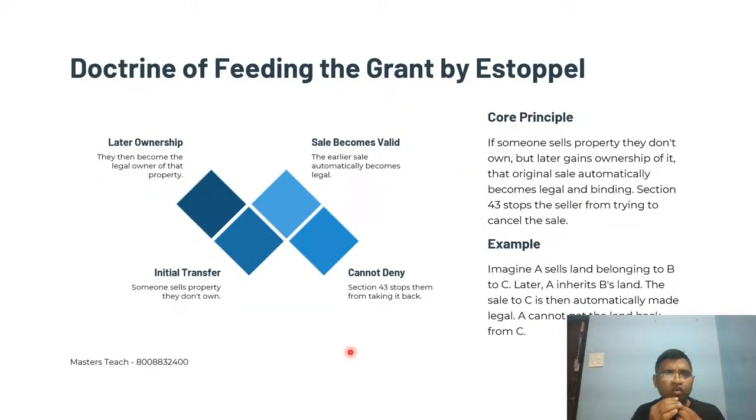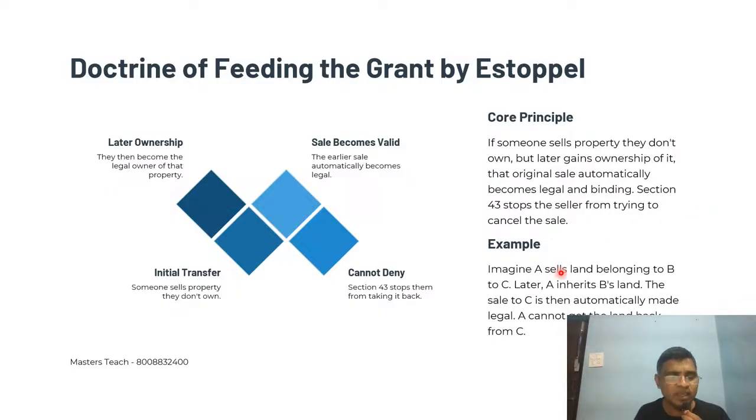So, doctrine of feeding the grant by estoppel. Okay, the core principle here is that someone sells a property they don't own but later gains ownership of it, and that original sale automatically becomes legally binding. Section 43 stops the seller from trying to cancel the sale.